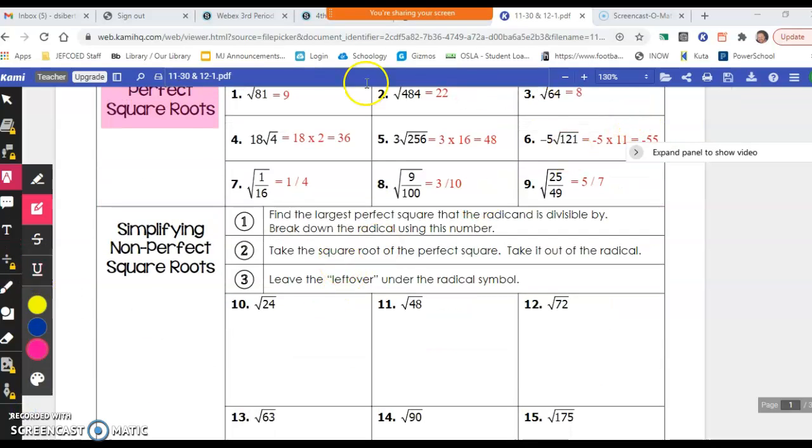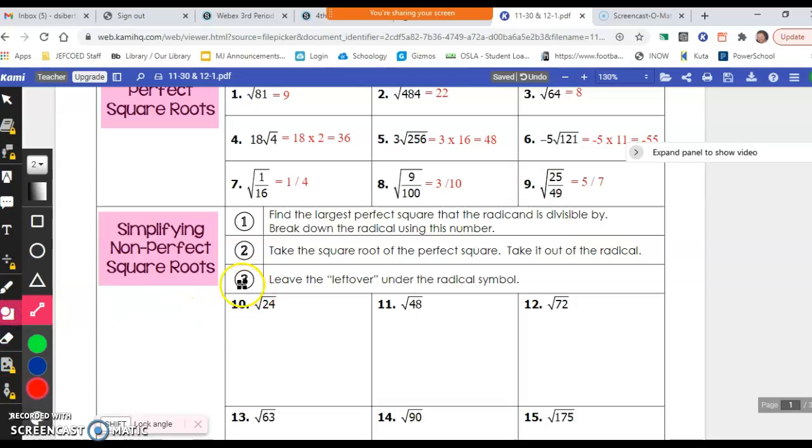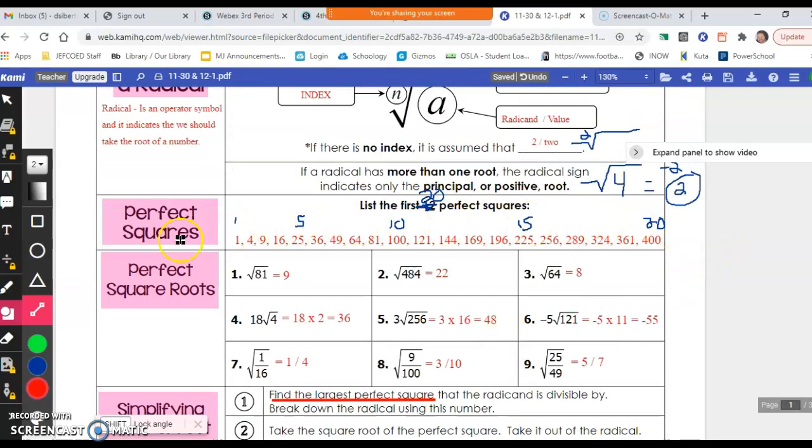All right, so what we just looked at, guys, were perfect square roots. Now we're going to look at some that are non-perfect, that you can't take the root of evenly. Now, I'm going to give you a couple things. You can look and read all of these, but I'm going to give you basically the key points, and I want you to underline these. You're going to find the largest perfect square from this list.